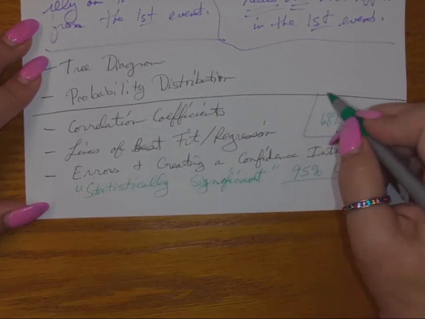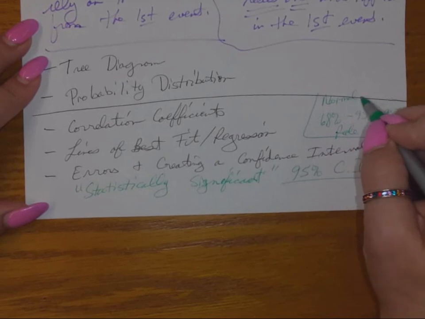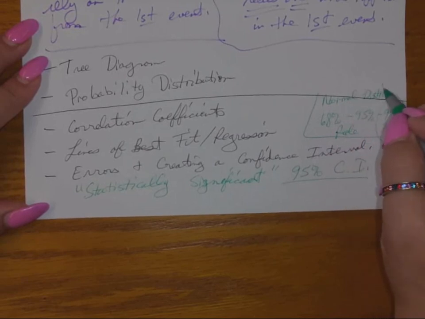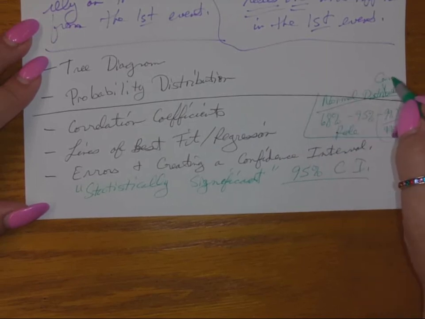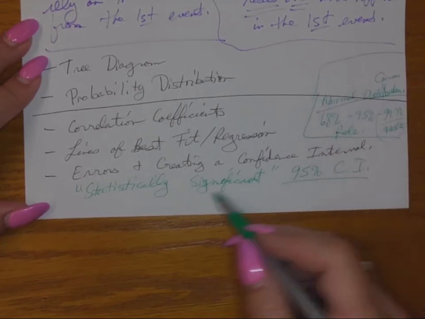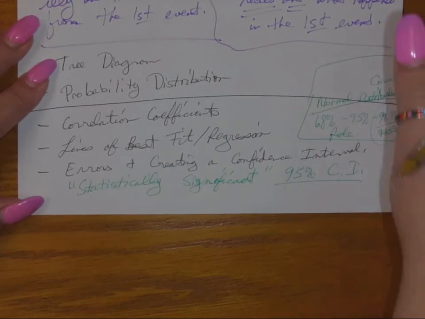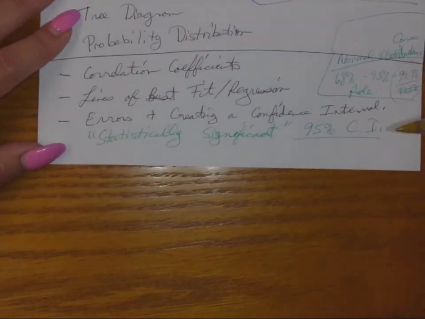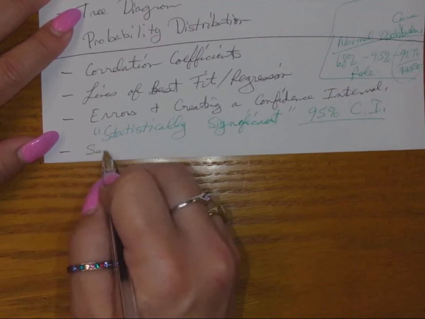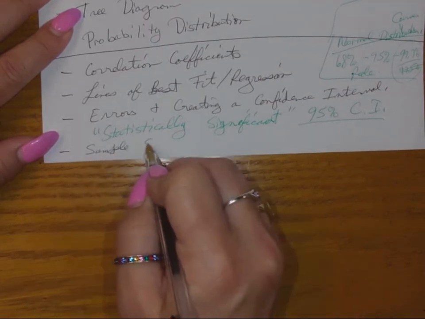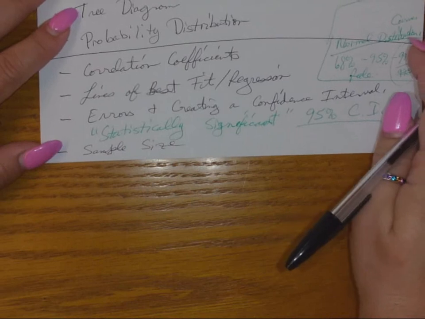So where we created our normal distribution curves. Yeah. We did all that earlier in exam 2, I think it was. So make sure that that's different from these confidence intervals. So make sure you know the difference between them. And by looking at this, we actually found out what was the sample size.